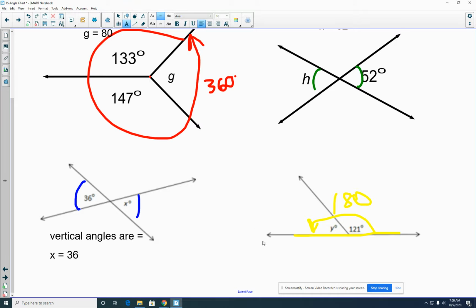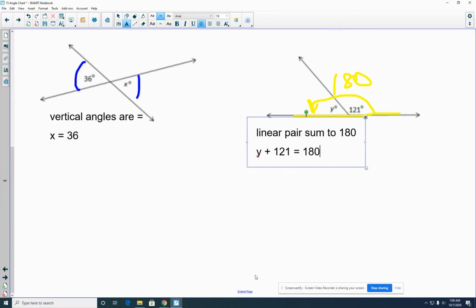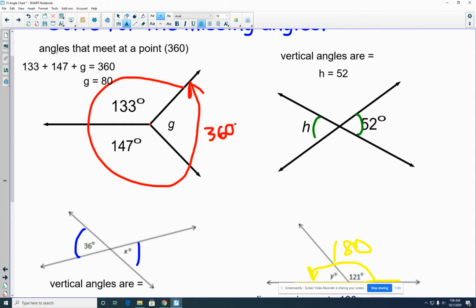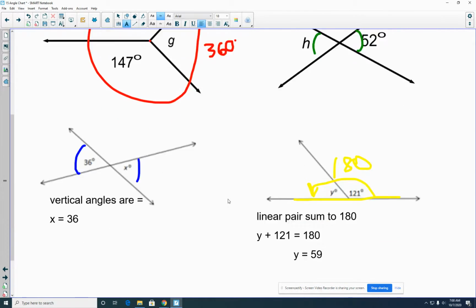So we can write an equation: y plus 121 equals 180. That means if I subtract 121 and solve for y, I get that y equals 59. So again, I'm writing what it is that we're applying, the relationship. I'm writing an equation, and then I can solve.